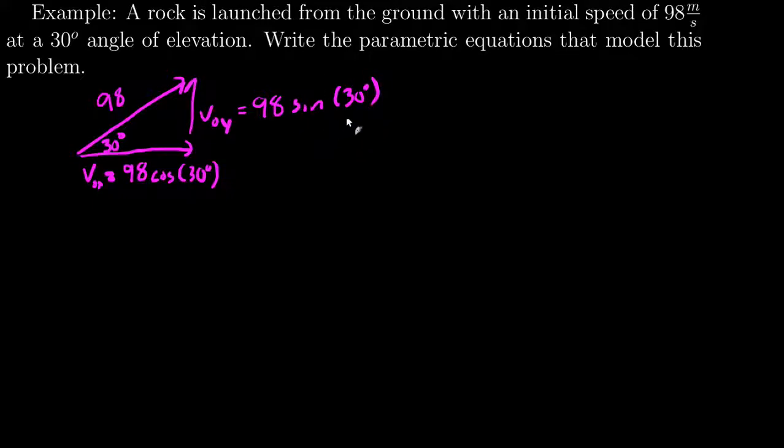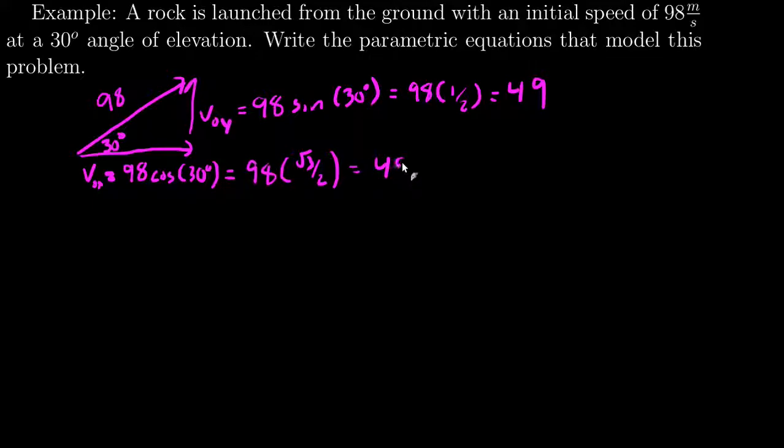The sine of 30 degrees is 1/2, and half of 98 is 49. The cosine of 30 degrees is root 3 over 2, and root 3 over 2 times 98 is 49 root 3. So these are my initial x and y velocities.